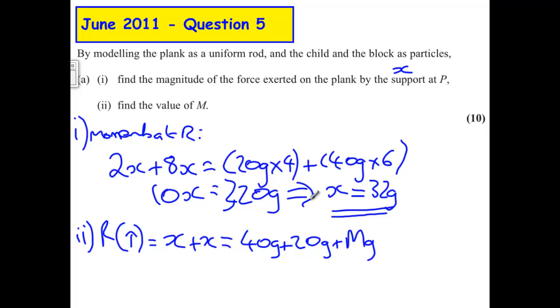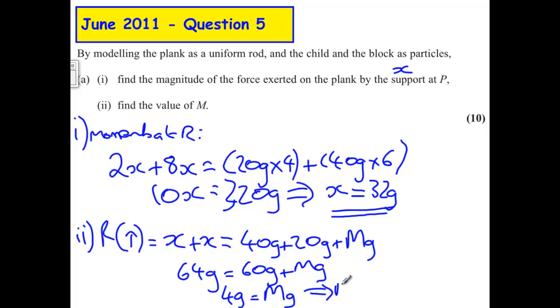Now I know that x is equal to 32g, so this equation can be rewritten as 64g equals 60g plus mg. Bringing the 60g onto the other side tells me that 4g is equal to mg. So if I divide both sides by this factor of g, that tells me that the mass of the block is just equal to 4 kilograms.